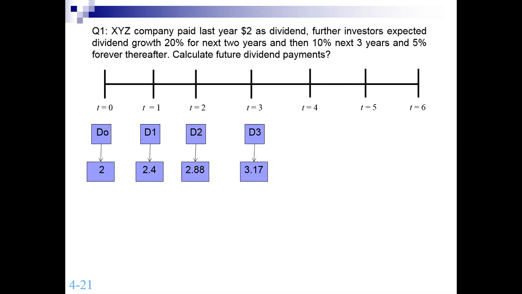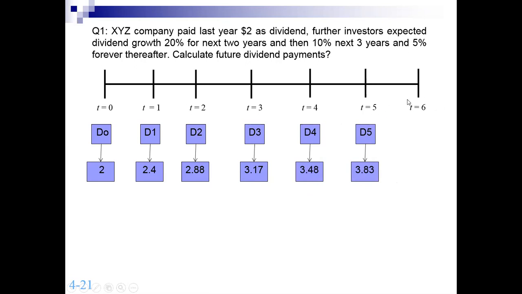Here I am just giving you basic support: take 10% of this one and add it to 2.88, and your total result will become 3.17. Then this will become 3.48, then 3.83. See, these three dividends, D3, D4 and D5, will grow by 10%. As per the question, for the next 3 years it will grow by 10% and 5% forever.